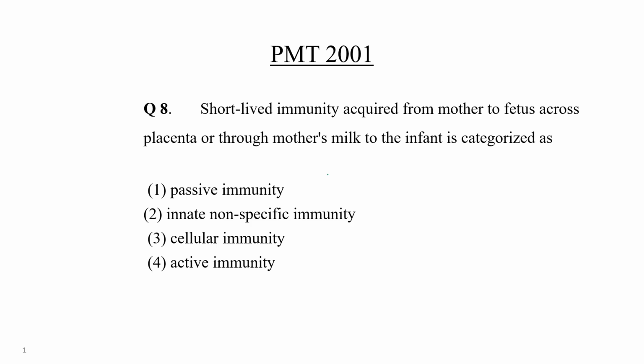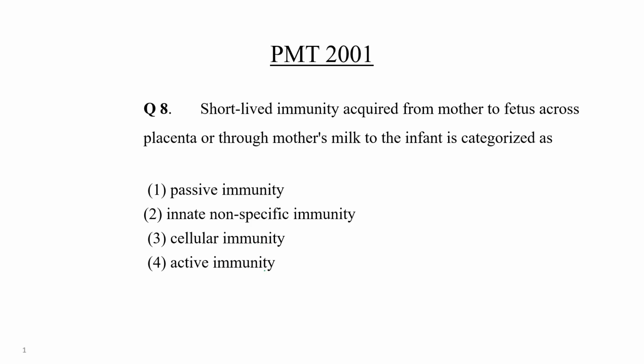Next, short-lived immunity acquired from mother to fetus across the placenta, or through mother's milk to the infant, is categorized as passive immunity, innate non-specific immunity, cellular immunity or active immunity.